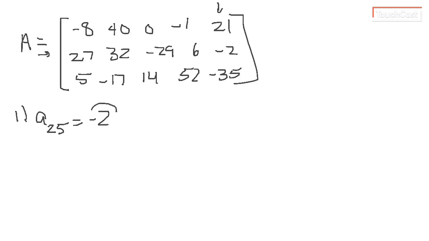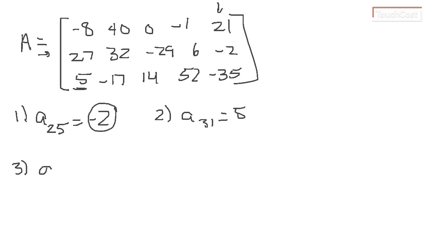The second element we're going to look for is A31. That's third row, first element. First element is going to be 5, right here.